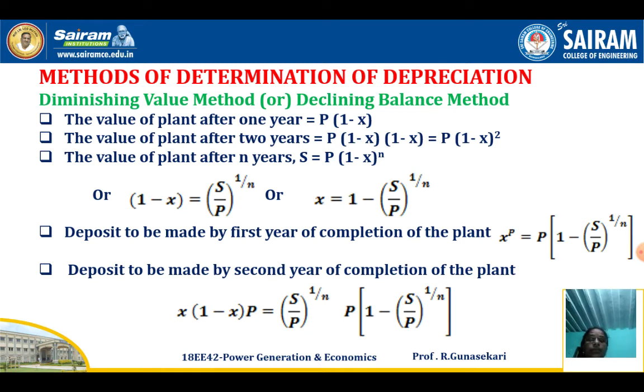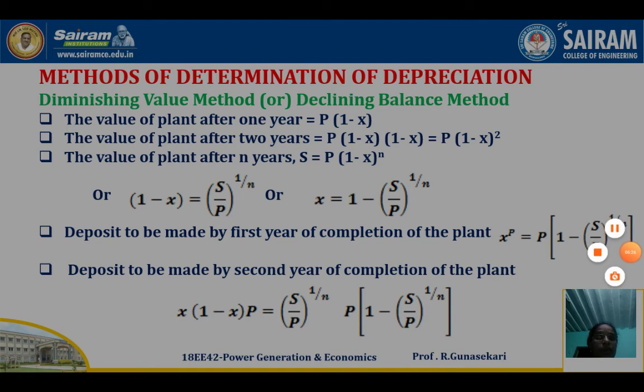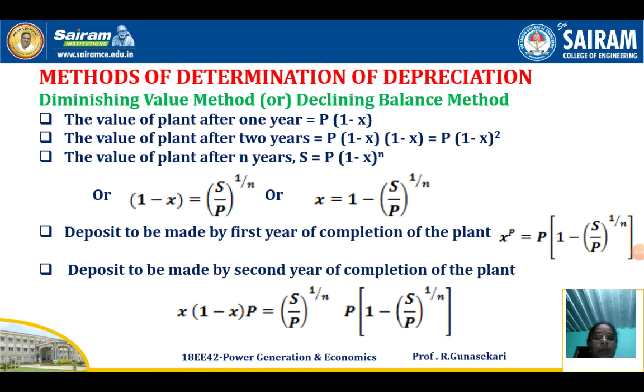Similarly we can calculate for the second year of completion of the power plant, the deposit to be made is x times (1 minus x) times P, that is (S divided by P) the whole power 1 by n into P into 1 minus (S divided by P) to the power 1 by n.